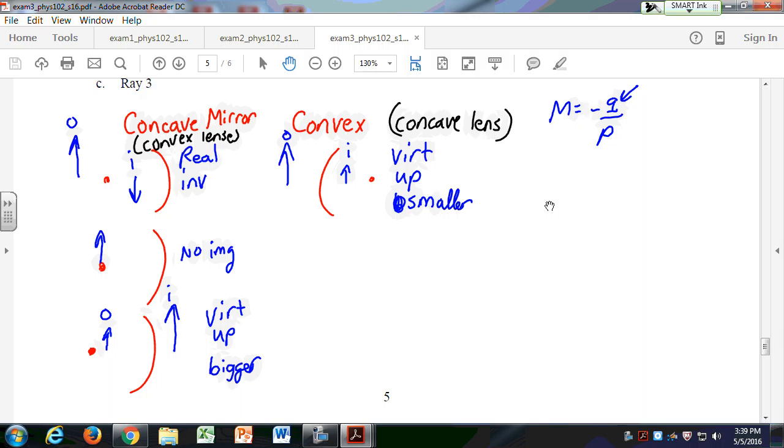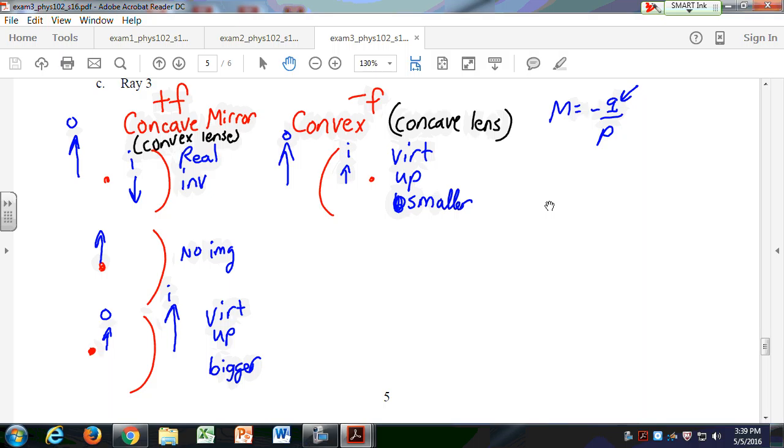Don't forget that concave mirrors and convex lenses have a positive focal length. Convex mirrors and concave lenses have a negative focal length. I won't tell you that, you just need to figure it out. And on some of the problems I won't tell you what type of lens or mirror it is. I'll tell you if it's a lens or a mirror, but I won't tell you what type it is.